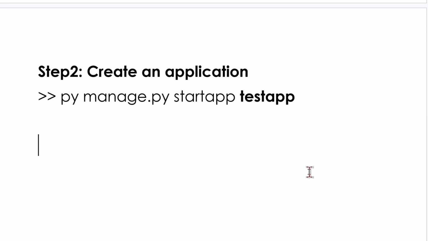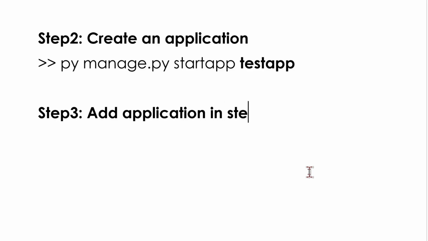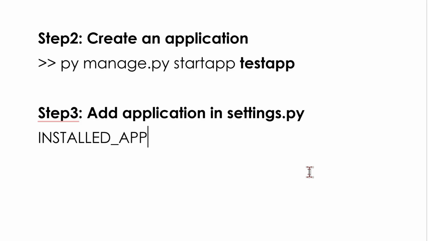Once you have created your application, step 3 is to add the application in settings.py. In settings.py there is a list called INSTALLED_APPS.